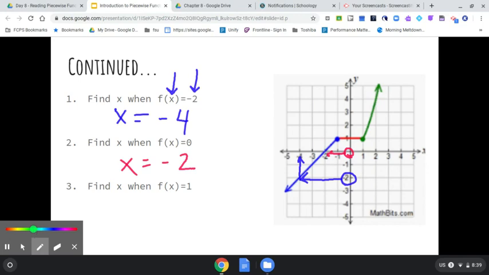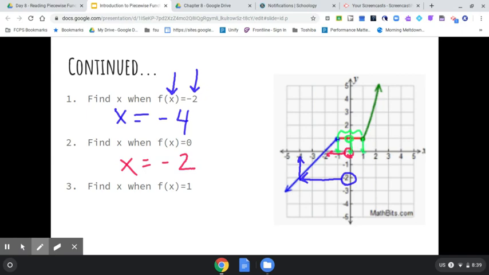My y value is 1. I want to find the x values that are associated with it. Notice I have more than one x value associated with that y value of 1. The first one starts at -1, the next one 0, and the third one 1.